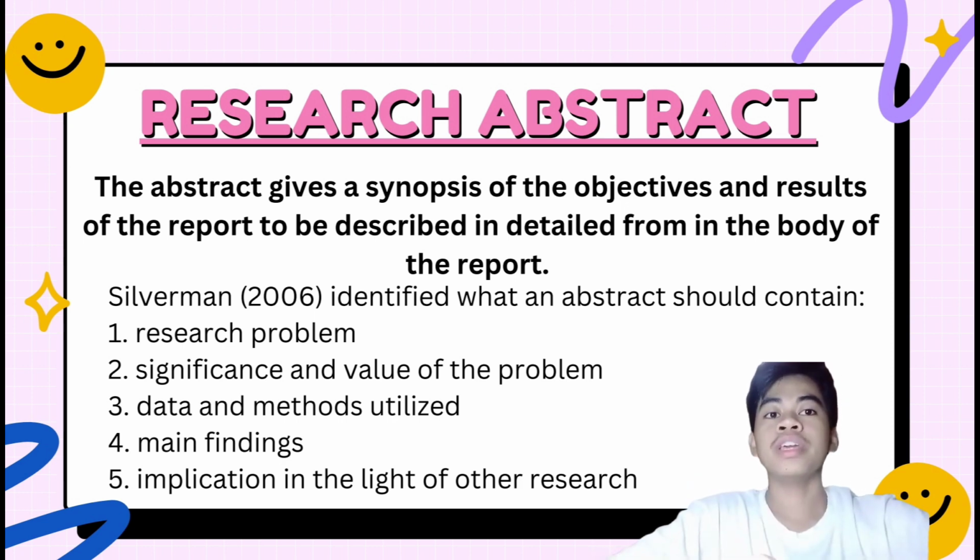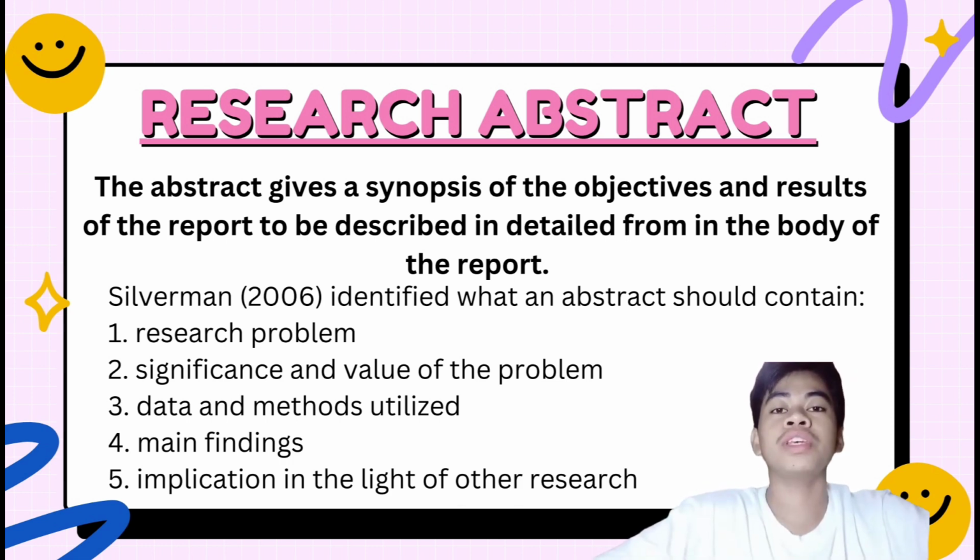Third, data and methods utilized. This section briefly describes the methods and the data collection techniques employed in the research. This provides a concise overview of the research design, sampling method, and the data analysis approach.